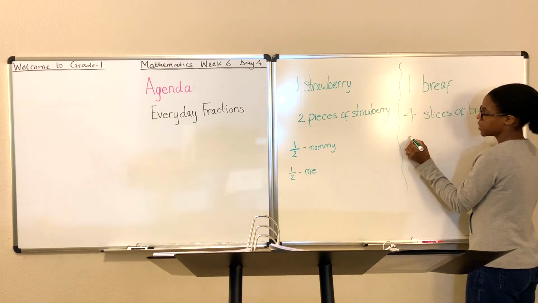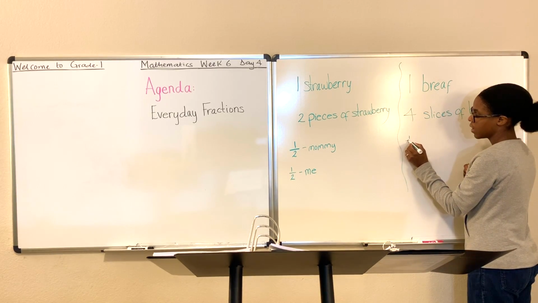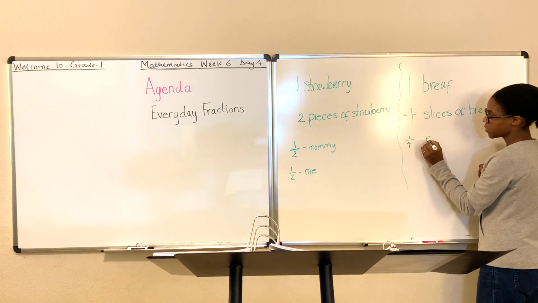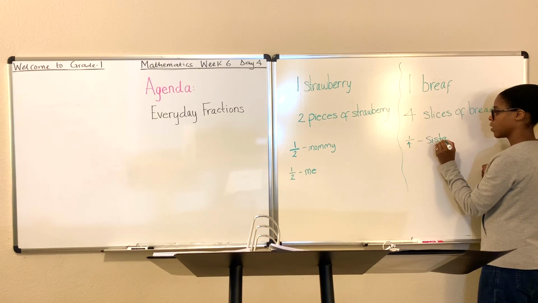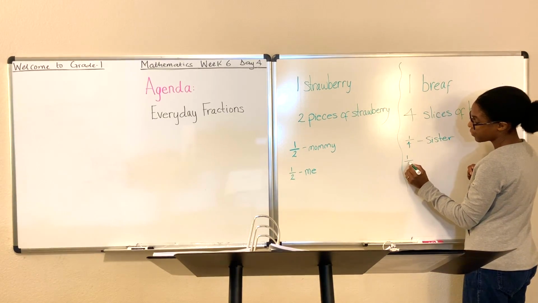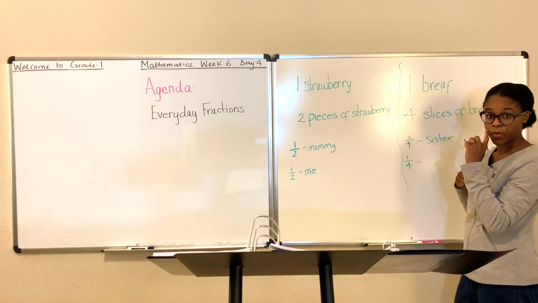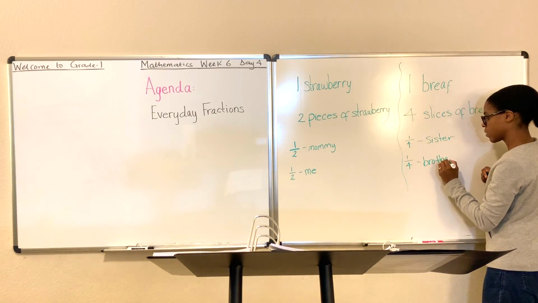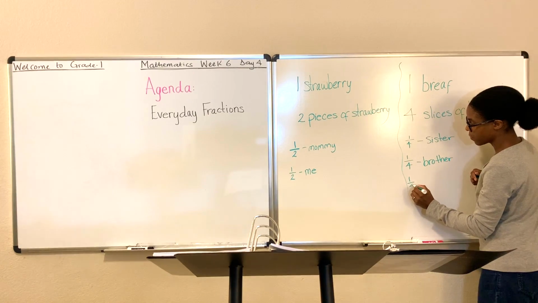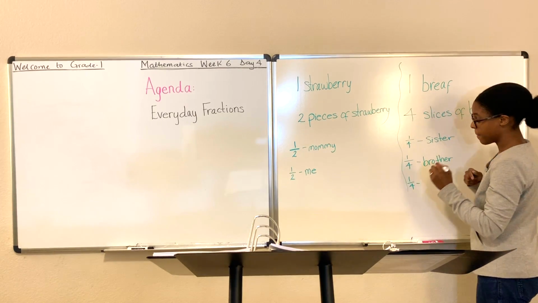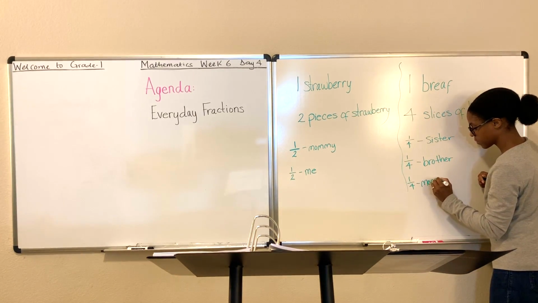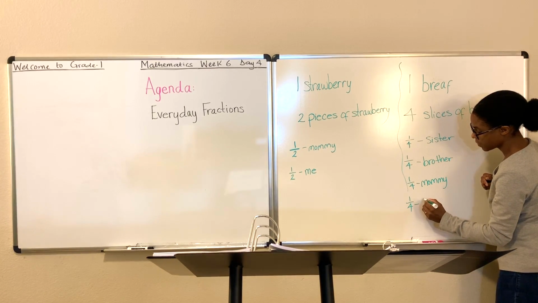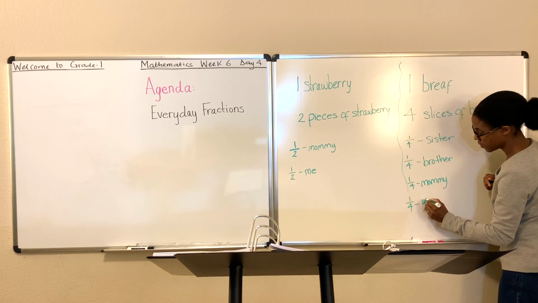So what we did was we gave 1 part of the 4 to sister. We gave 1 of the 4 parts to brother. We gave 1 of the 4 parts to mommy. And we gave 1 of the 4 parts to yourself.